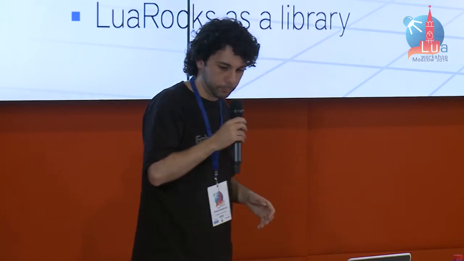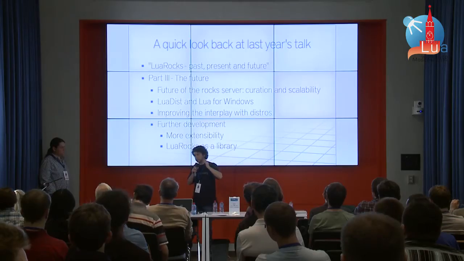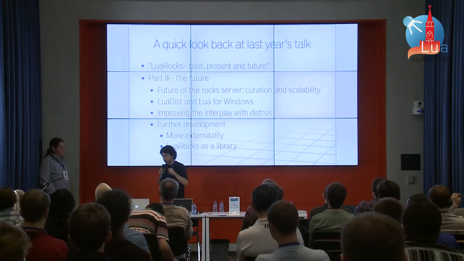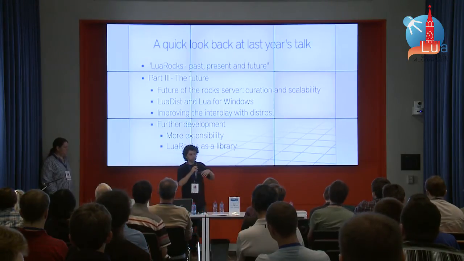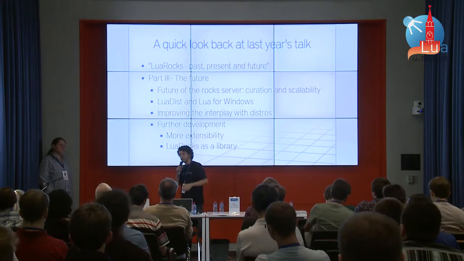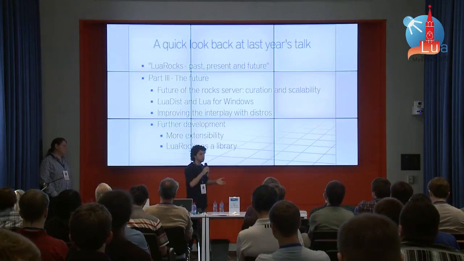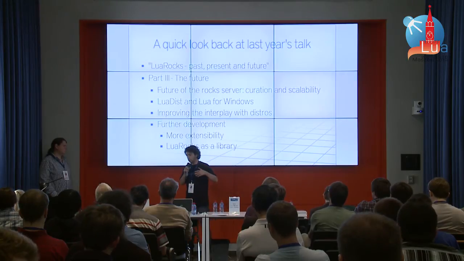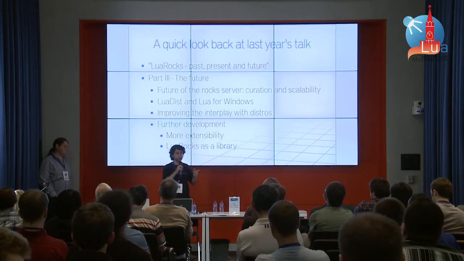But one thing that I argued in last year's talks is that if you look at successful language-oriented package managers, like NPM for Node.js or Ruby gems, they have tens of thousands of packages, which is a far larger number than the packages that a Lua Linux distribution has.